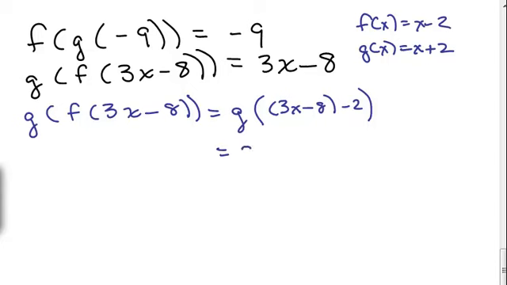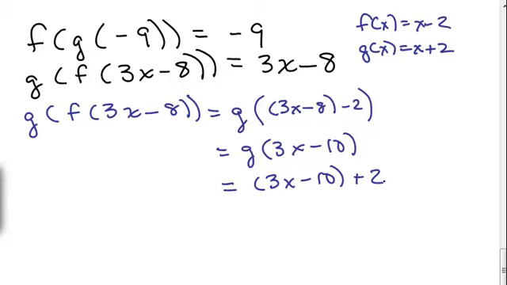So let's just add the like terms here. That's 3x minus 10. So this 3x minus 10 is f of 3x minus 8. Now we're going to plug that 3x minus 10 in for x into the g function. And the g function says it's x plus 2. So I'm replacing x with 3x minus 10, and I'm adding 2.